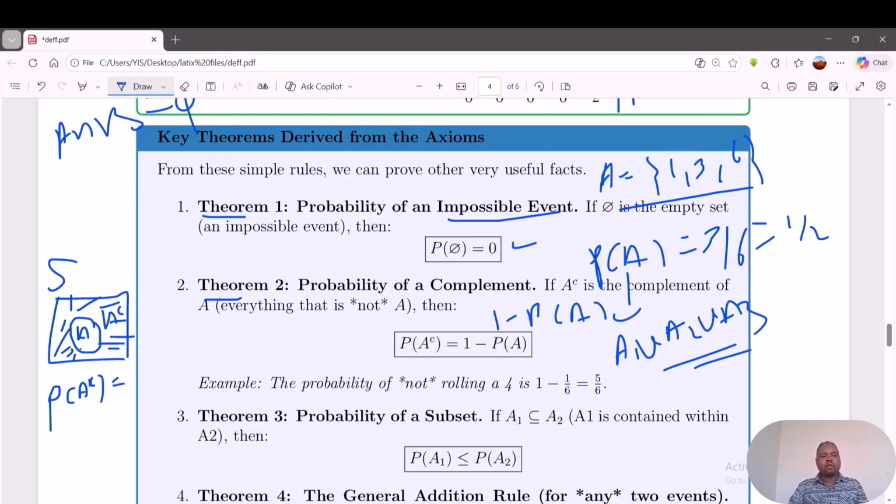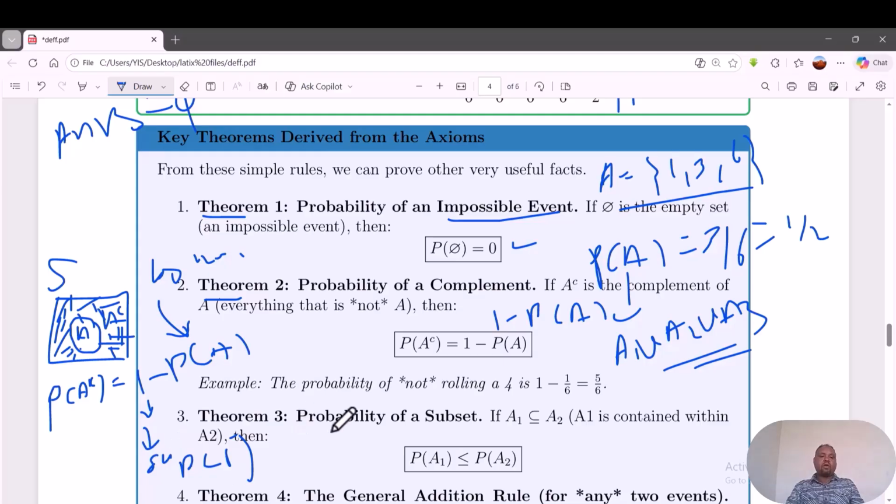The probability of the sample space is the sure event, which is 1, minus the probability of this circle. What is left is the probability of the shaded region, right? This probability we know by axiom 1, which is non-negativity, and this one by axiom 2, the probability of the sure event S. So this is a formula derived from those three axioms under the axiomatic approach of defining probability.